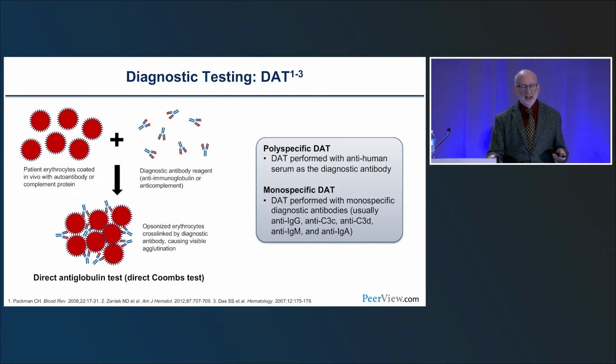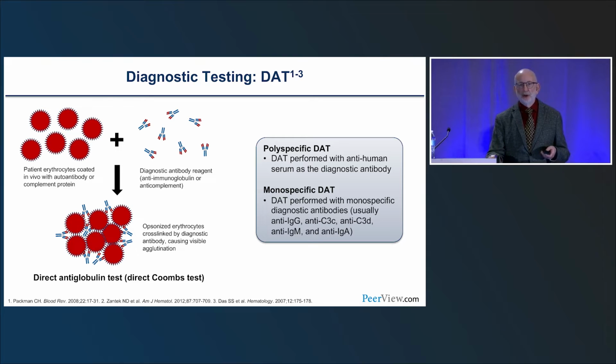And we call the test polyspecific when it's done with anti-human serum as the diagnostic antibody. Then the test will be positive if there is IgG or C3d or whatever on the surface of the red blood cells. And the following monospecific DAT is performed with a monospecific antibody, usually an anti-IgG or C3c, C3d, and IgM and IgA.